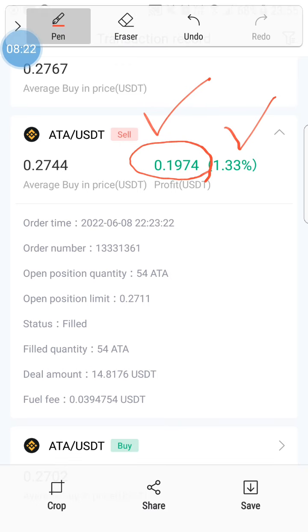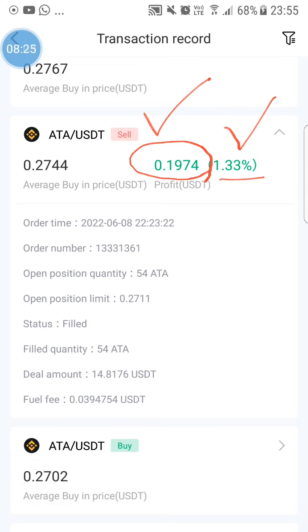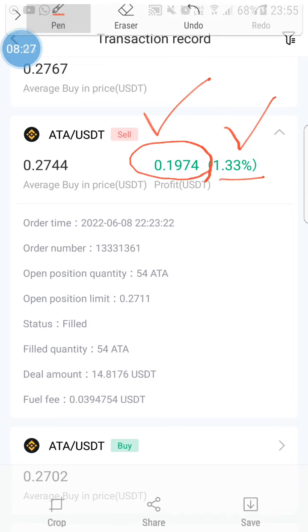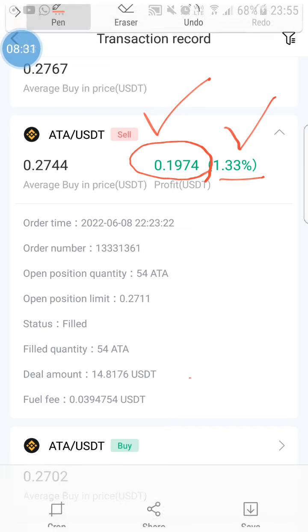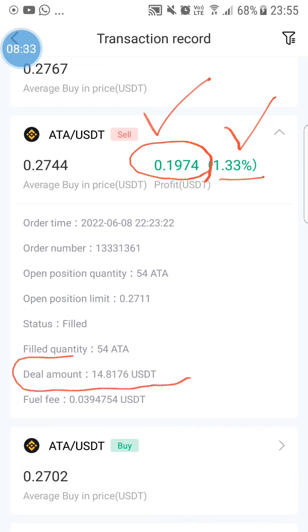And then that 1.3%, meaning 1.33%, is of this figure here, the deal amount.